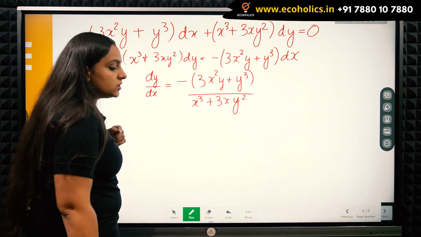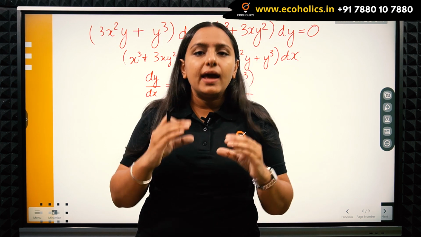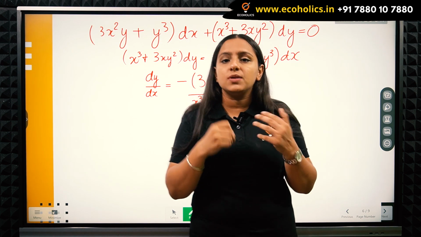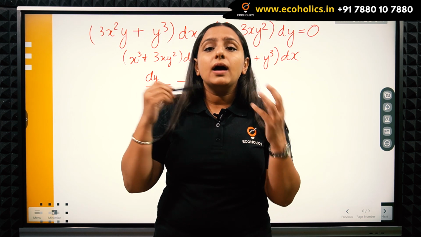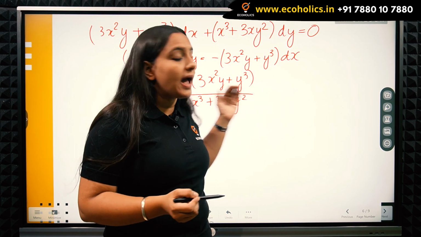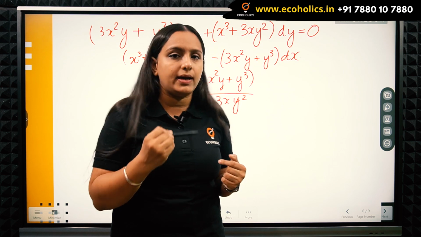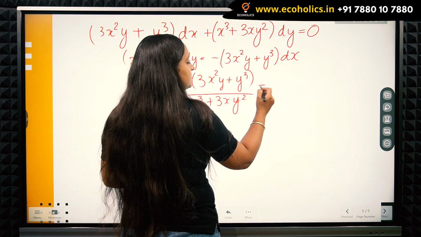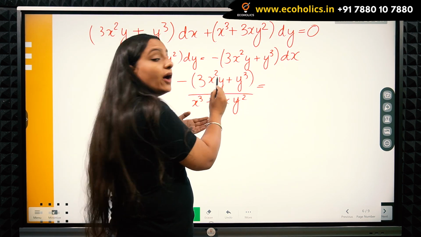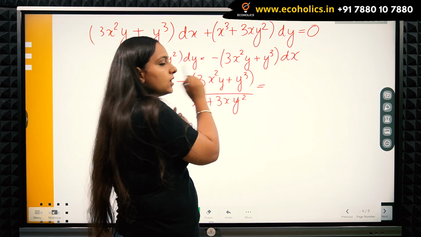Whenever we have a homogeneous equation, what is the correct approach? We assume y by x equals another variable, which is v. If y and x have some powers, I will assume v raised to its power. So here I will first divide the numerator and the denominator so that I can express this whole thing in terms of y by x, so that I can ease my question. Since I have y here, I need an x in the denominator. But if I divide it with x, it will get cancelled out with x square.